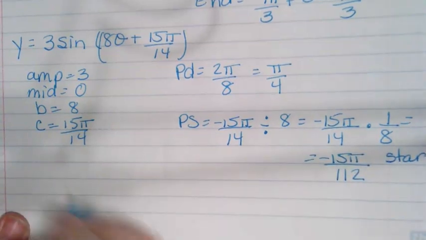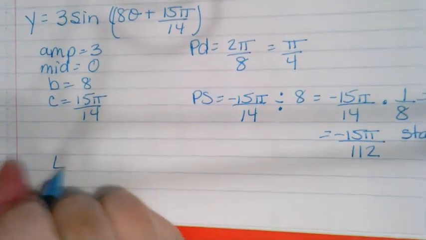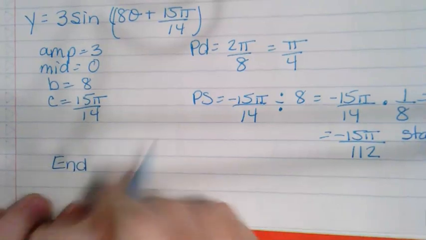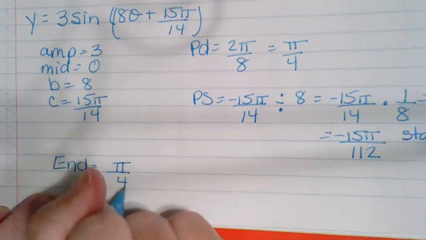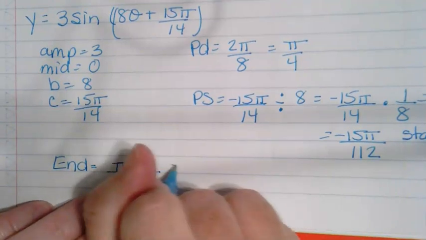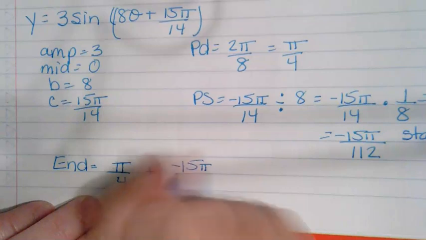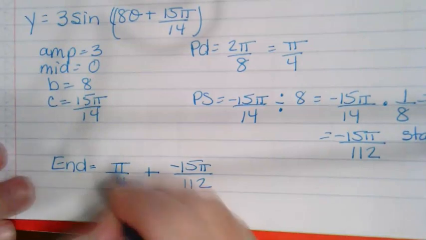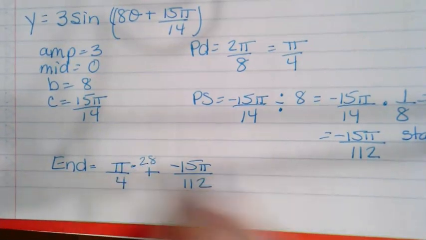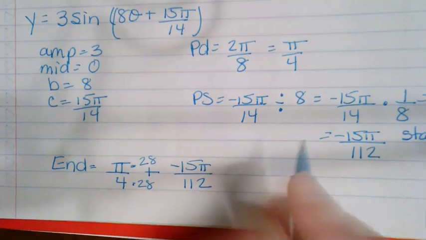I'm going to give myself a little bit more room for this end. Period, which was pi over 4, plus phase shift, which is 15 pi over 112. Okay, so 112 is our common denominator.